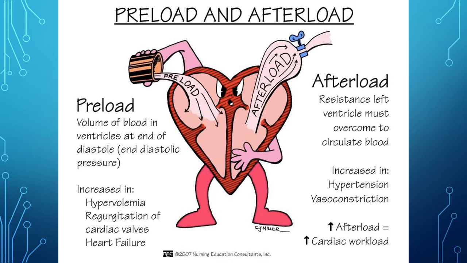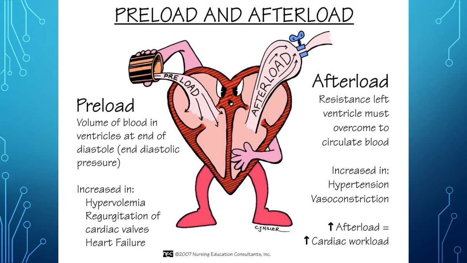So, of course, if I'm dehydrated, if I haven't been eating and drinking, if I've been vomiting, if I've lost blood, this is going to be low. If I'm in heart failure, if I'm fluid overloaded, it's going to be high. So it's all about volume. This is literally just about how much fluid do I have on board.